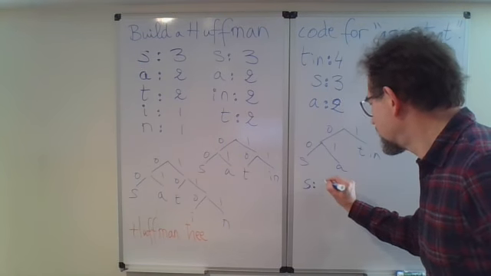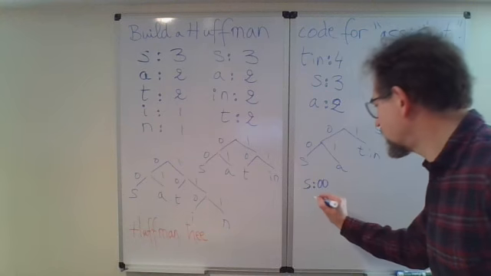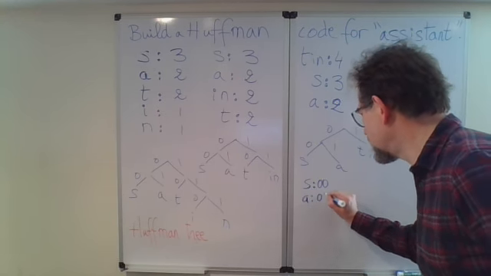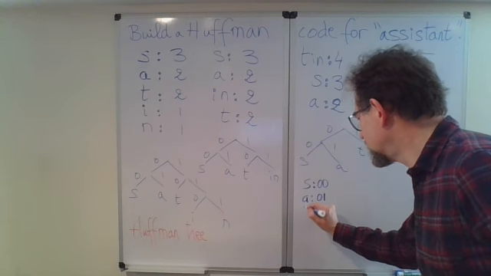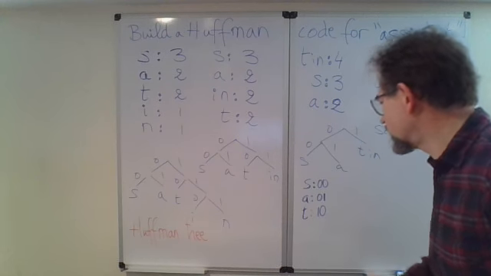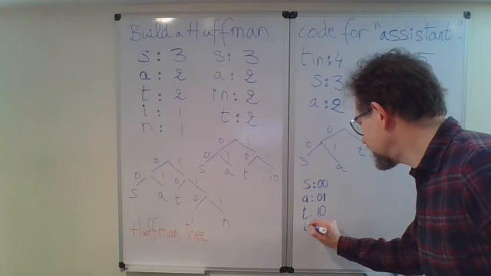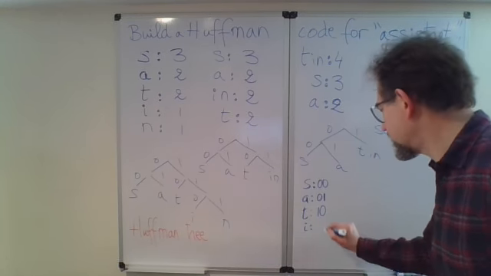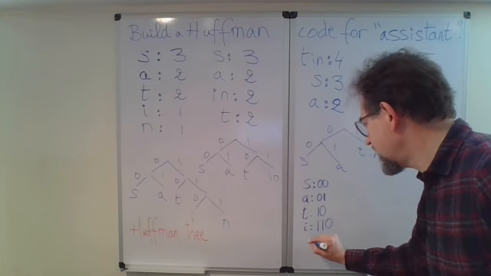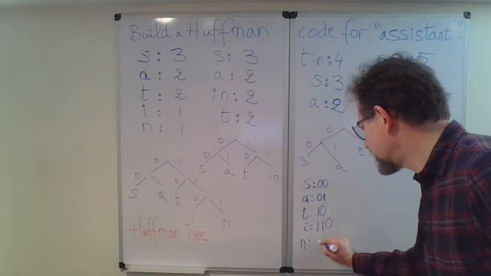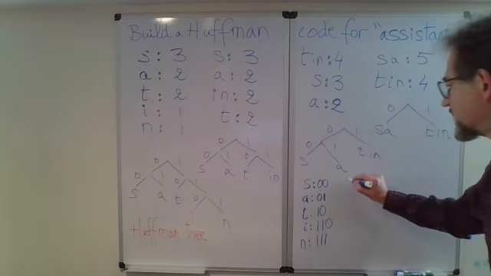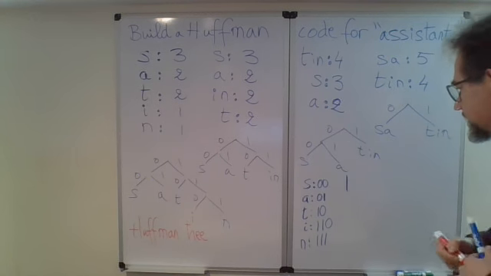S is represented by 0, 0, A by 0, 1. T has the code 1, 0. I is represented by 1, 1. We go twice right, and then we go once left. And finally, N is represented by 3 bits. So this is the Huffman code.